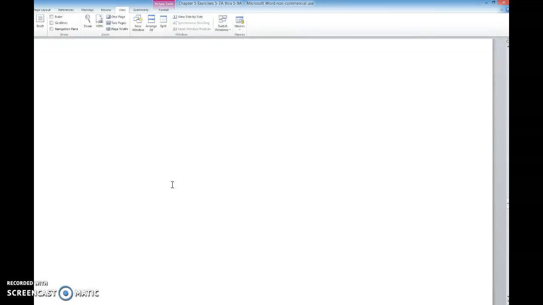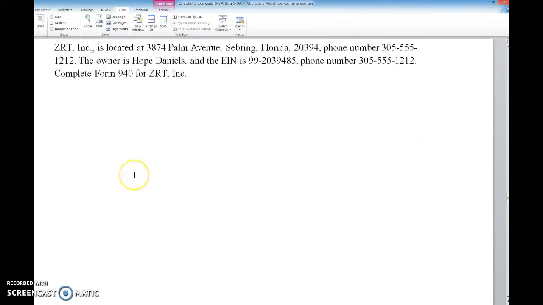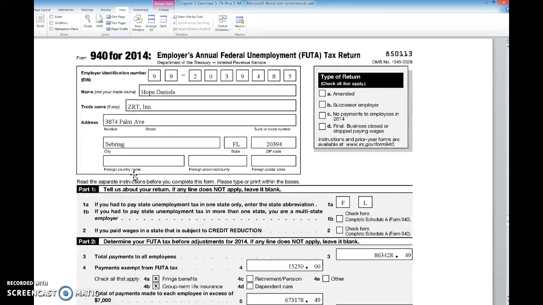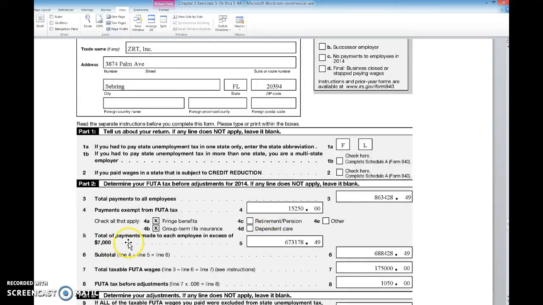Payments exempt from FUTA, they also give us. In this example, exempt from FUTA is $15,250. The total payments on line 5 in excess of $7,000 is $673,178.